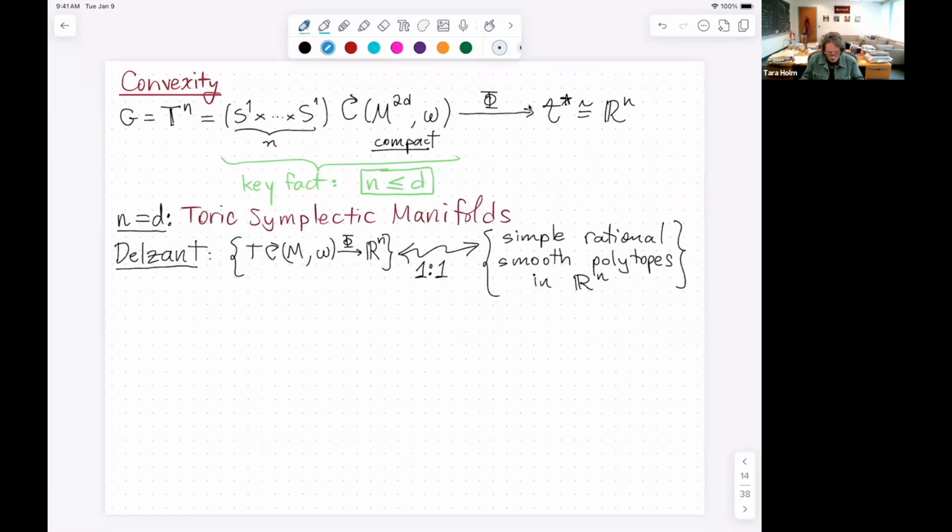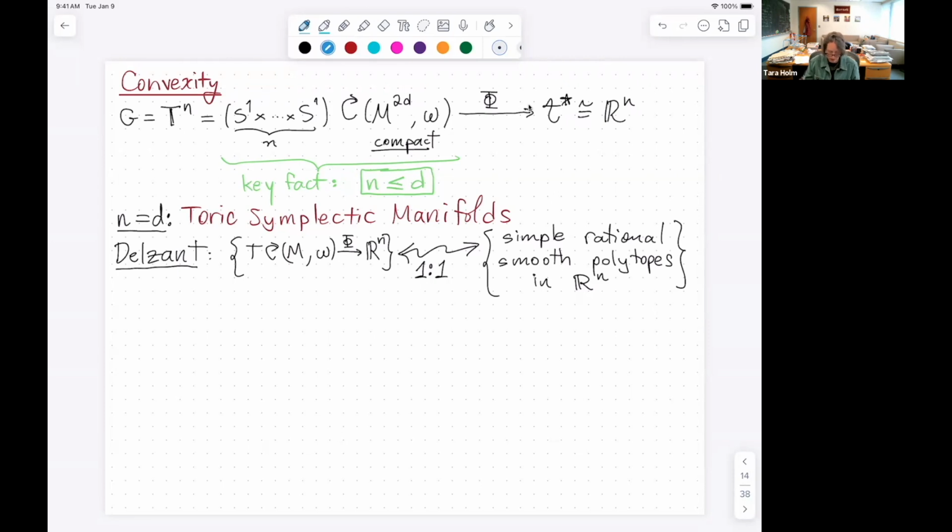Okay, and when n is equal to d, we call this action toric. We call this a toric symplectic manifold. In the toric case, the momentum polytope tells you everything.